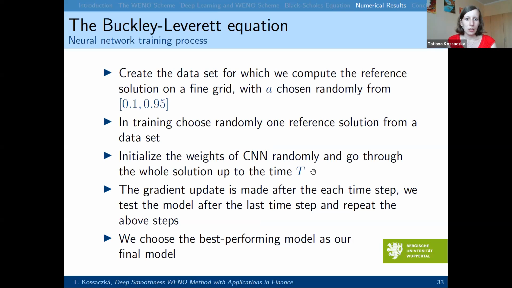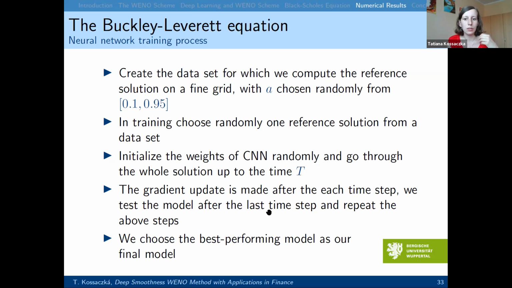So how do we proceed in training? Firstly, we create a data set for which we compute the reference solution on fine grid, and we choose A randomly from this interval. And in training, we choose randomly one reference solution from the data set. And then we initialize the weights of the convolutional neural network randomly and go through the whole solution up to time t. After each time step, the gradient update is made, and the model is tested.